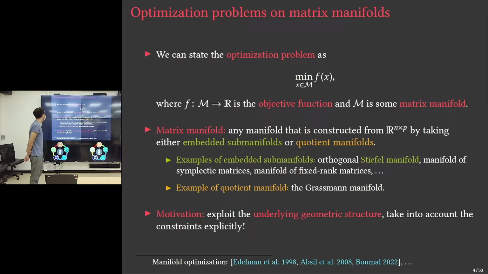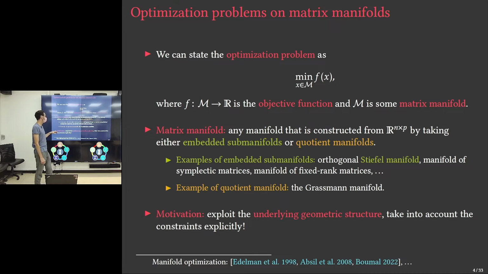A matrix manifold is any manifold that is constructed from the Euclidean space, in this case we consider R^(n×p), by taking either embedded submanifolds or quotient manifolds. Some examples of embedded submanifolds: there is the orthogonal Stiefel manifold that we have already seen in the previous talk, and it's going again to be our running example in this talk.